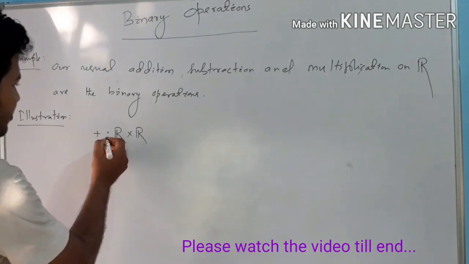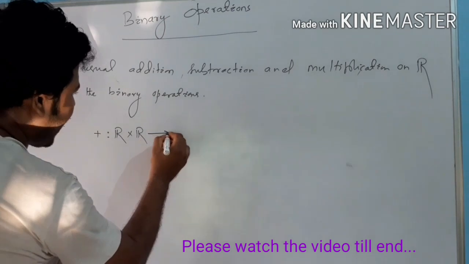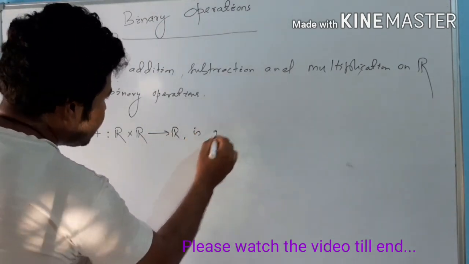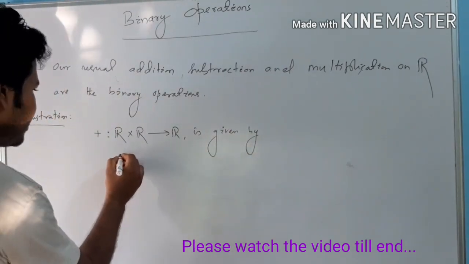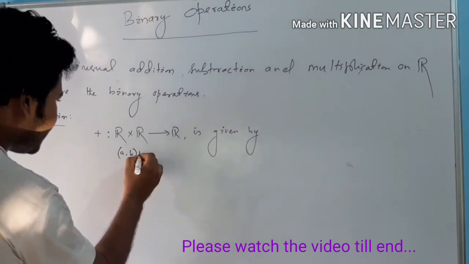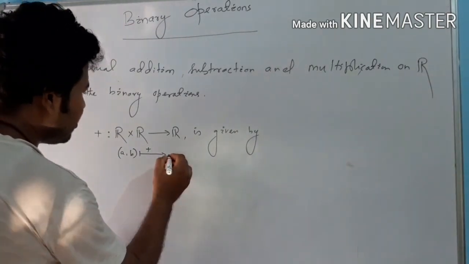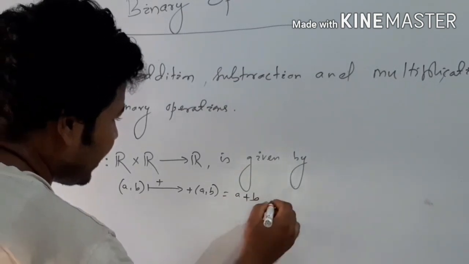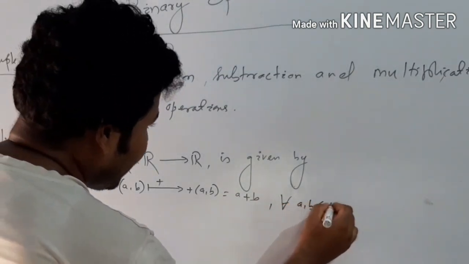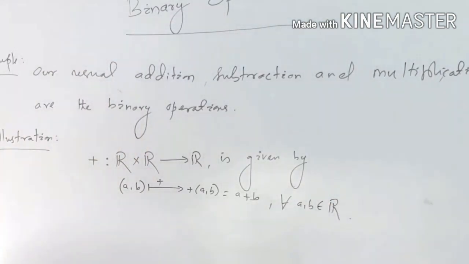Illustration: the addition operation is going from R cross R to R and is given by the ordered pair (a, b) under the operation addition goes to addition of (a, b), and this is denoted by a plus b for all a, b belongs to R. We know that the sum of any two real numbers is again a real number.